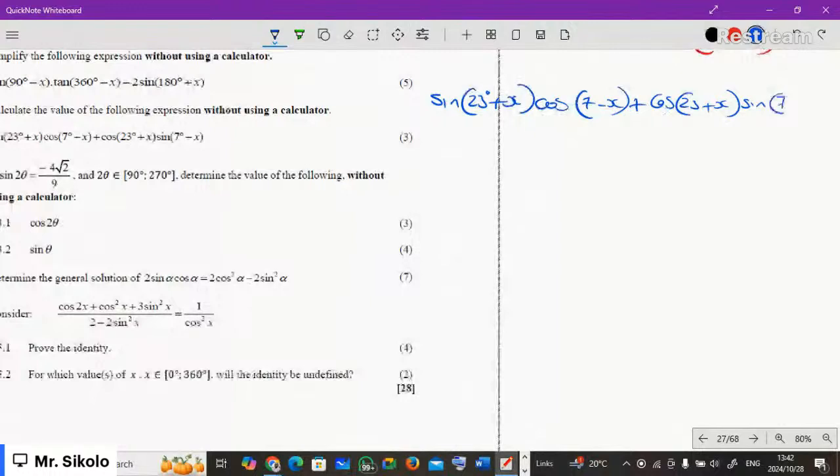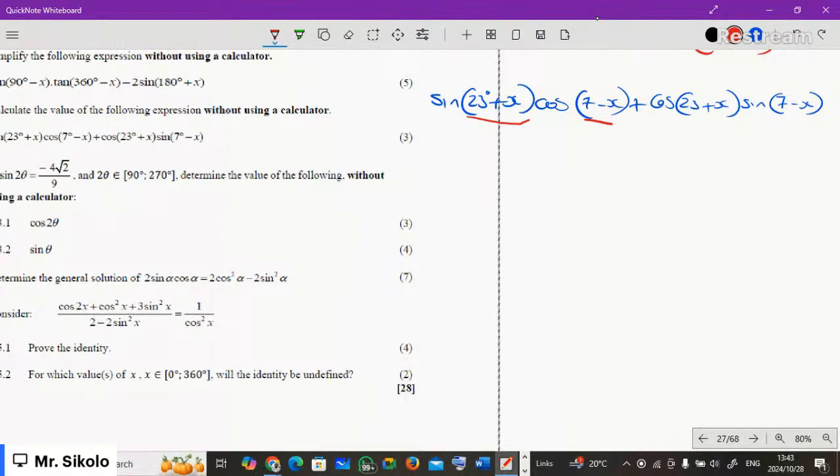7 minus x. Okay. Now this expression, as a student, you look at the angles inside the brackets. I can see there's this angle 23 plus x, that's our angle, and we have another angle, 7 minus x.